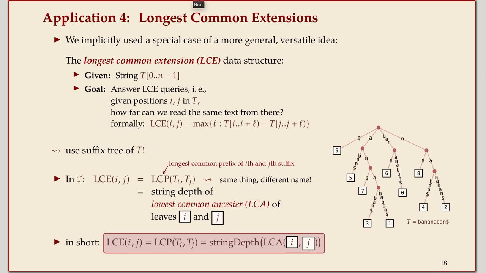Of course, we'll use suffix trees, but also you might recognize that these longest common extensions are very related to longest common prefixes of suffixes. And, well, indeed, they're the very same thing. So the longest common extension at 2 positions, if this is your text and you're asking to extend to the right from here, so there could be a certain length you can read so that these 2 parts match.